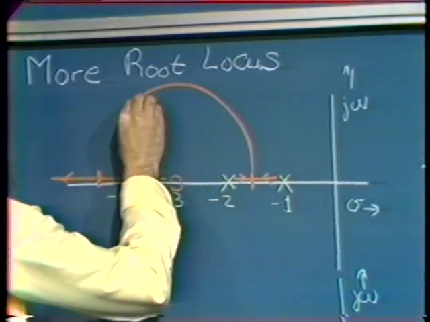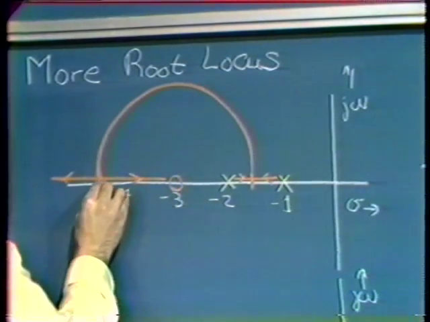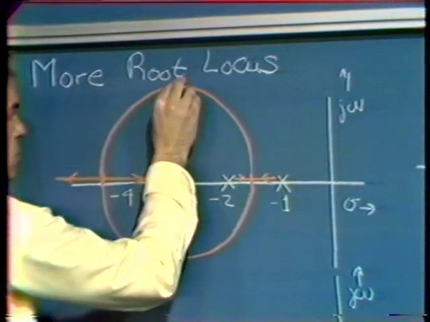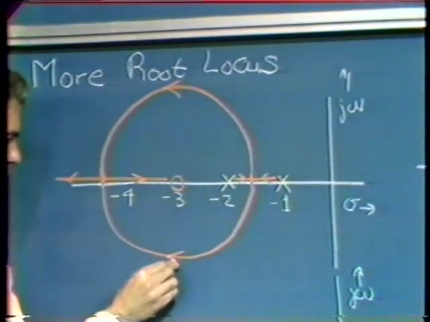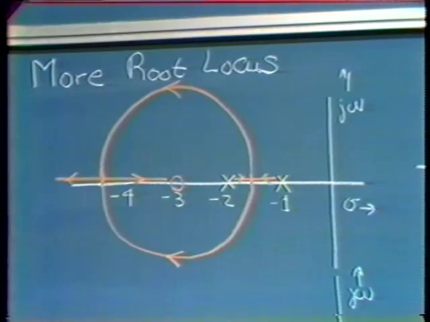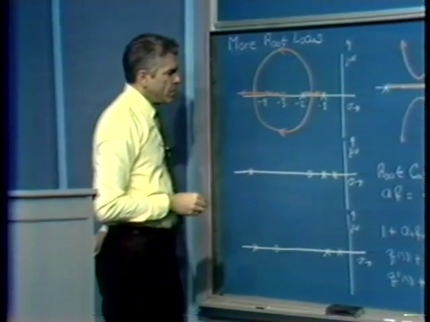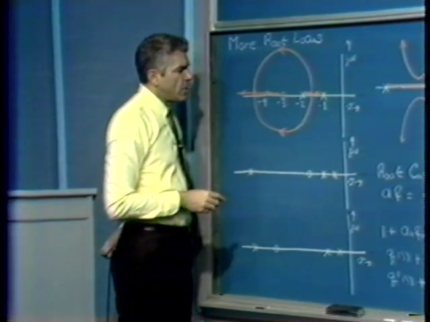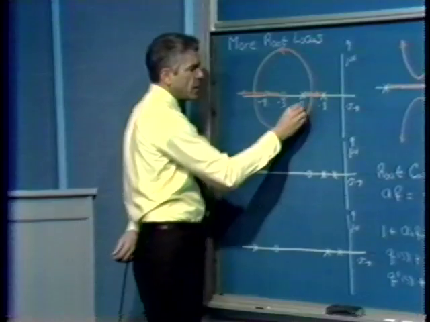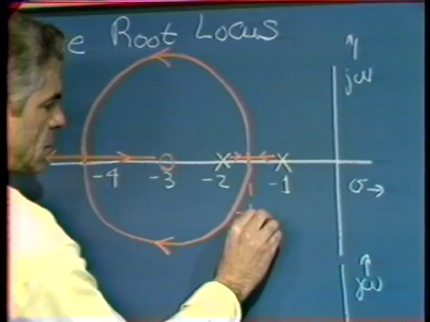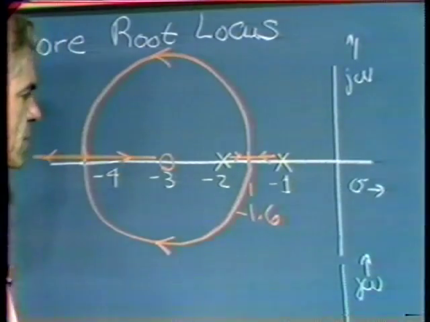So we'd anticipate trajectories like this, with this being the direction of increasing A0, F0. We can go through the arithmetic to determine the breakaway points. If we do this for this example, we find out that this breakaway occurs at -1.6.